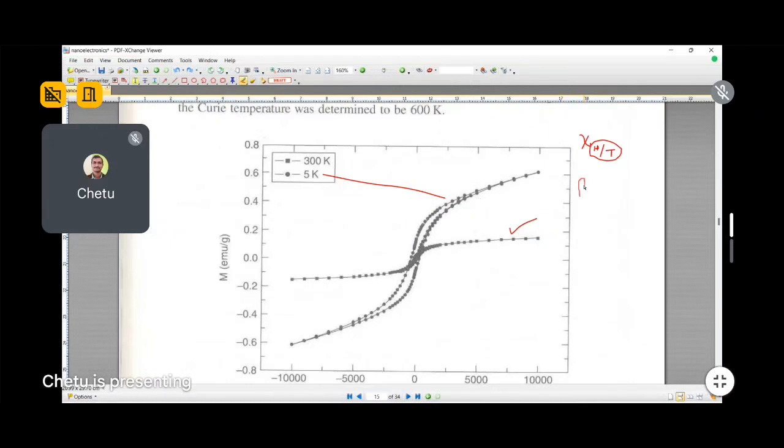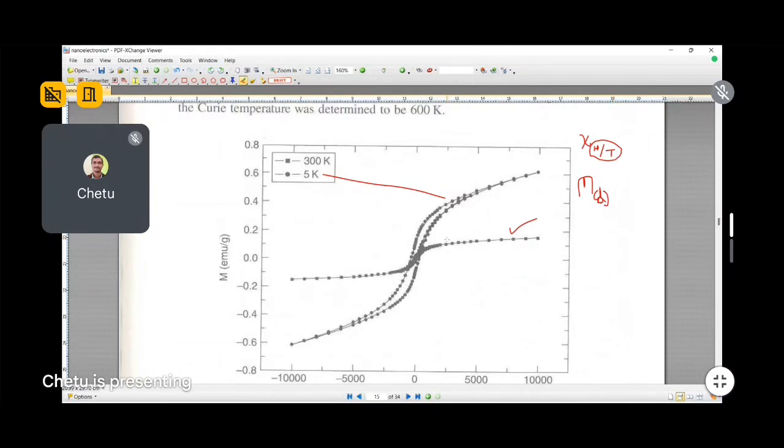So the magnetization of a given material depends on the dimension of the nanoparticle. So we have to focus on what we want to understand. That chi depends on the applied magnetic field and also the temperature.